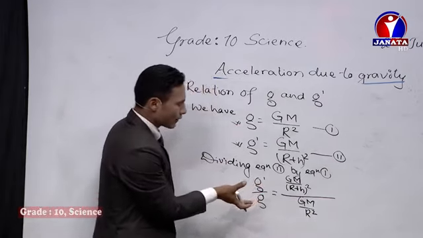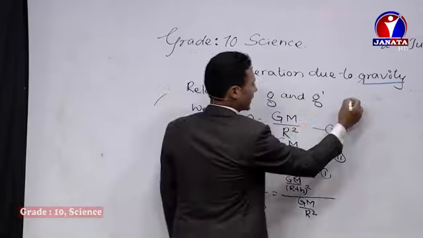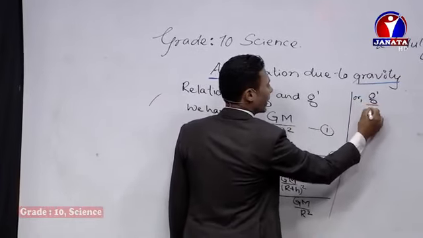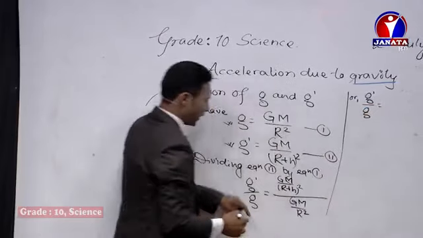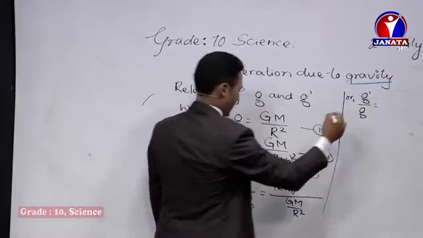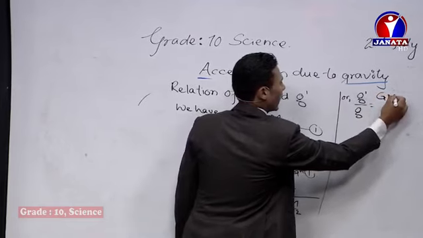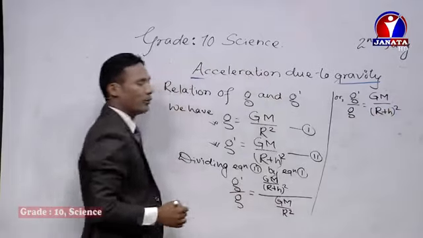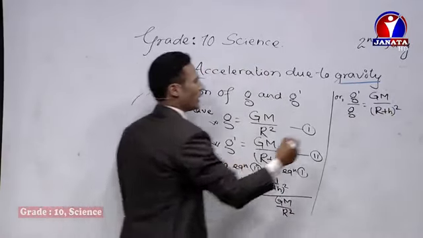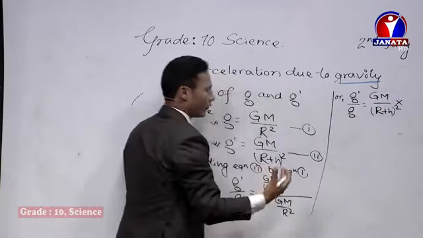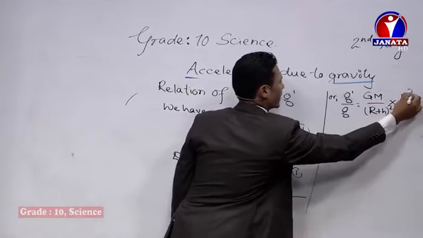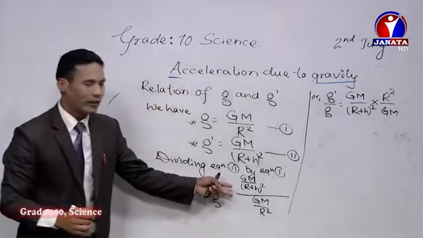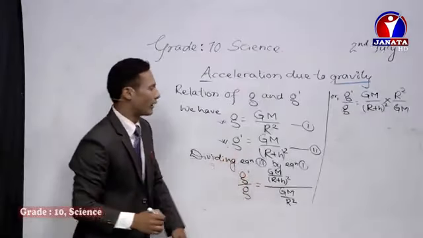Now let's change this four-layer fraction into a two-layer one, that is, g dash by g equals, the numerator is as it is, GM by r plus h to the whole square, and the denominator is just the reverse, that is r square by GM. So this four-layer fraction changes into a two-layer one.